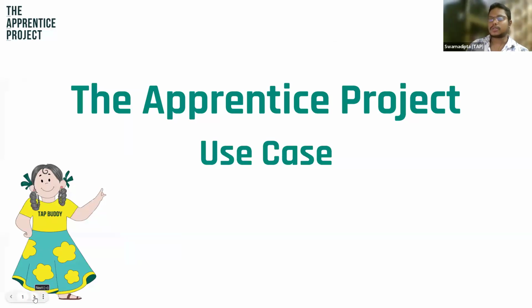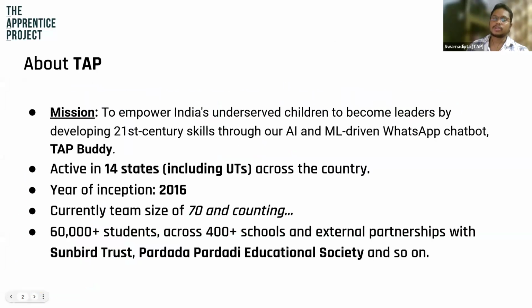Okay. So, like I said, I am from the Apprentice Project, working as a team lead there. Before delving into how Dalgo has come into the picture, it is imperative to understand how TAP works and why data is at the center and why we are so focused on ensuring clean, uniform, arranged, organized data.